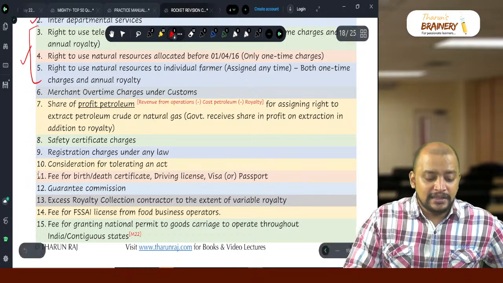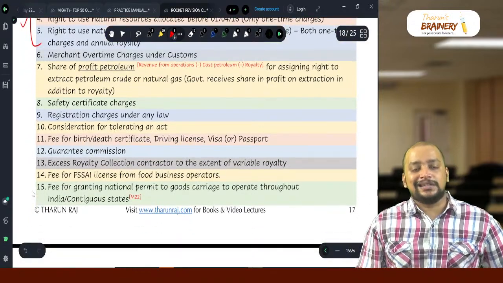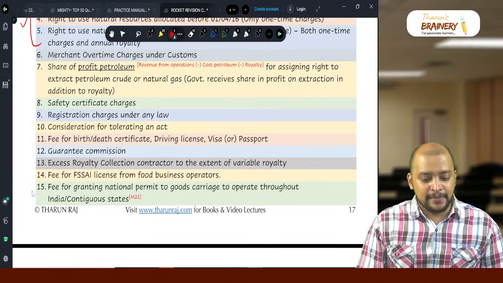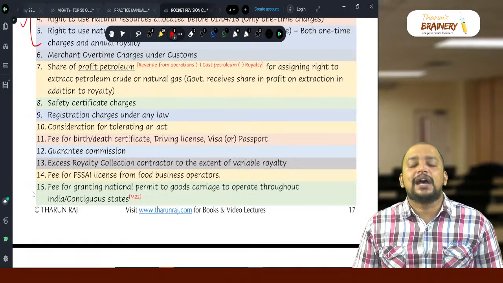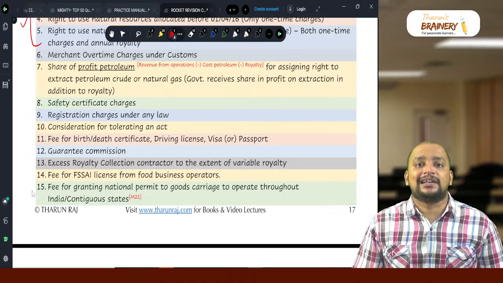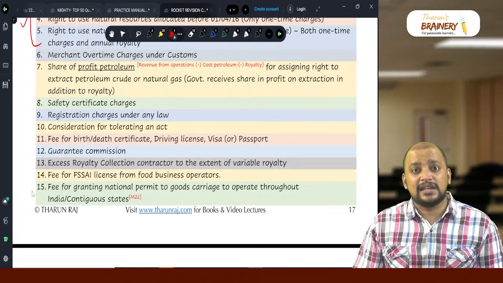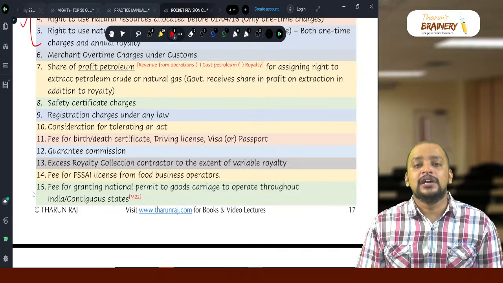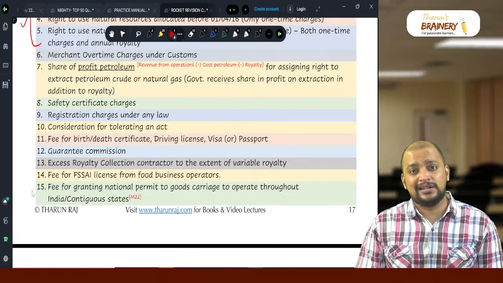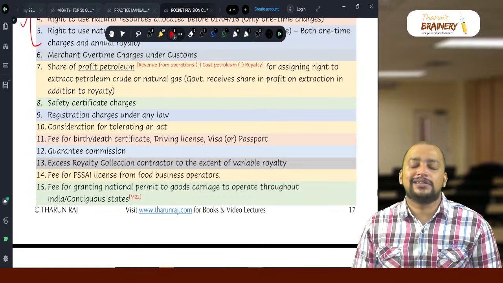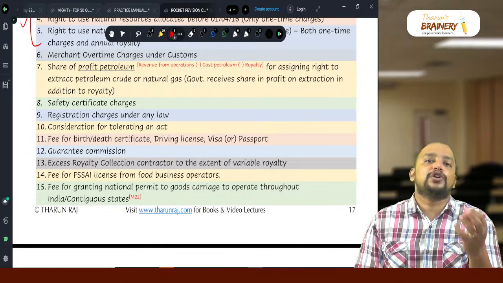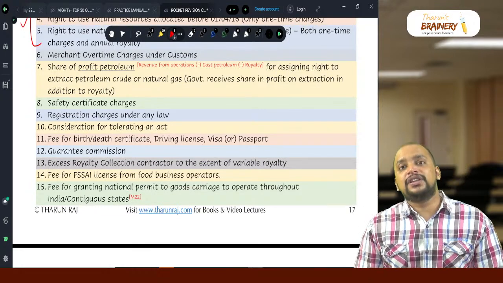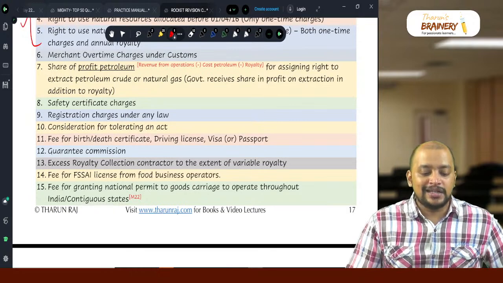Okay. Then safety certificate charges. Safety certificate is obtained by various establishments which are dealing with public at large. So like cinema theaters, establishments like hospitals, education institutions or malls, shopping complexes, etc. So these people are required to obtain safety certificate, for which they need to pay some charges to the government, that is exempted.